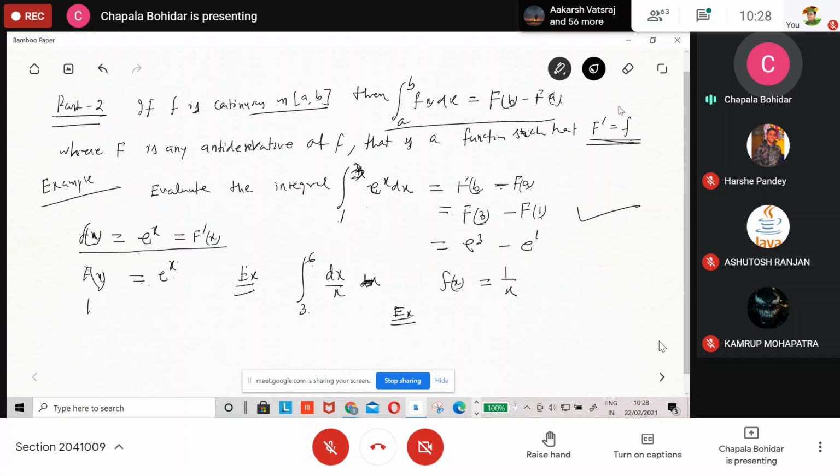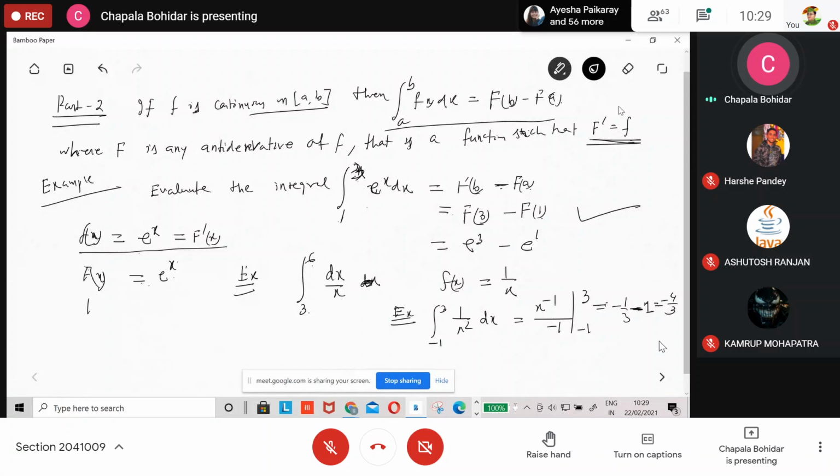What is wrong with the following calculation? The integral from minus 1 to 3 of 1 by x square dx is equal to x to the power minus 1 divided by minus 1, from minus 1 to 3, which gives minus 1 by 3 minus 1, which is minus 4 by 3.